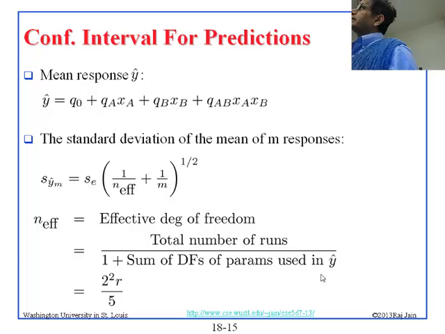Total number of runs is 2 raised to 2 times R, and the number of degrees of freedom in the parameters: we used 1, 2, 3, 4 parameters. Each of them has 1 degree of freedom, and therefore you have 5 here.